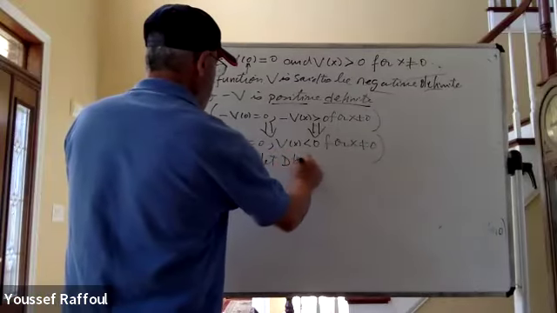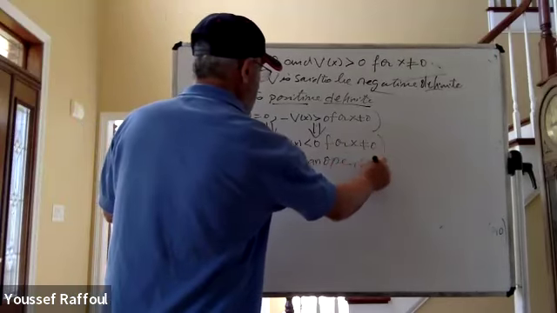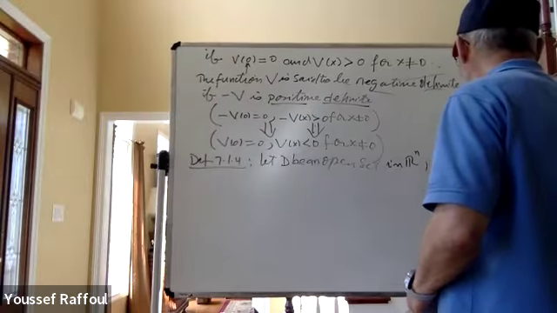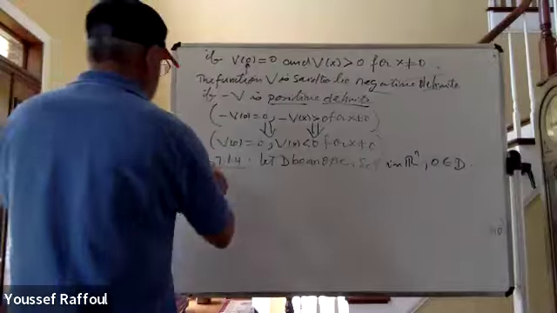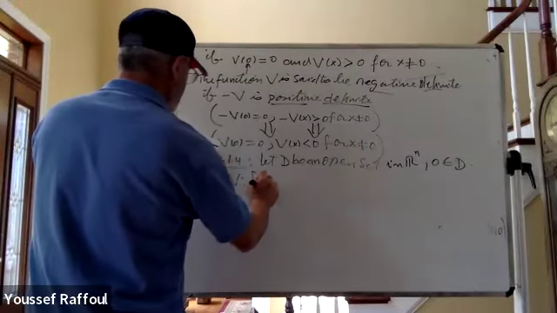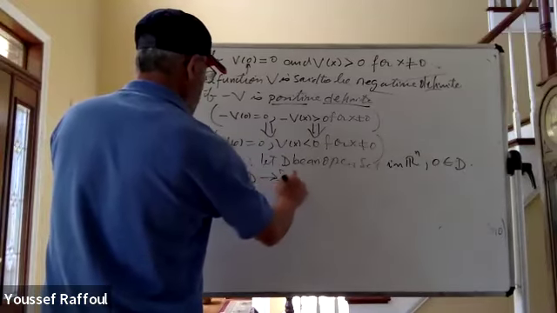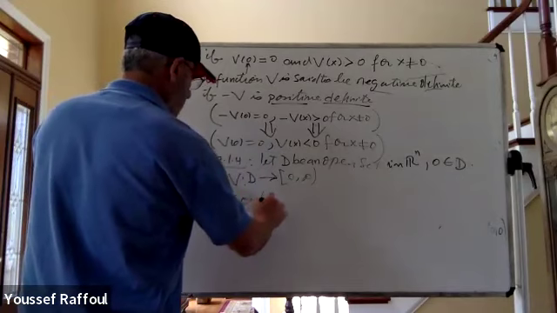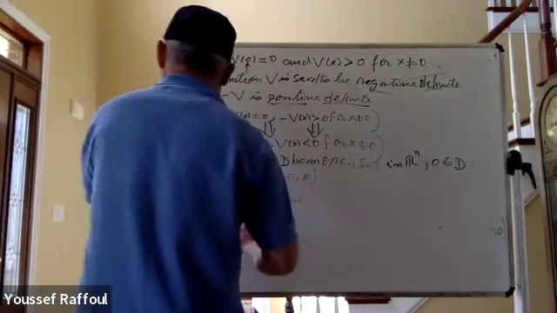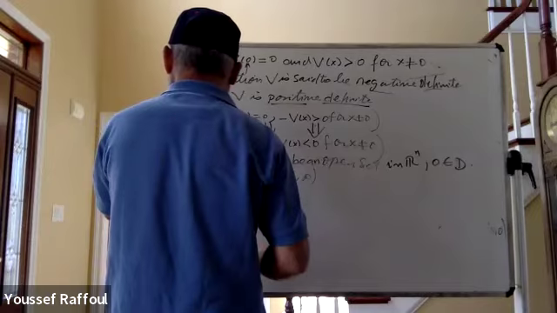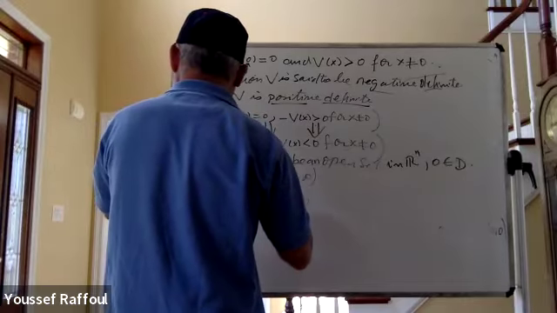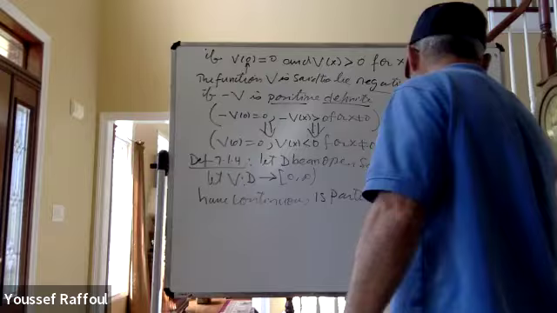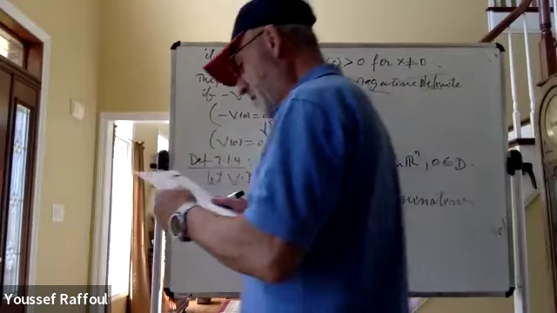Let D be an open set in R^n and 0 belong to D. Let V from D into [0, infinity) have continuous first partial derivatives.